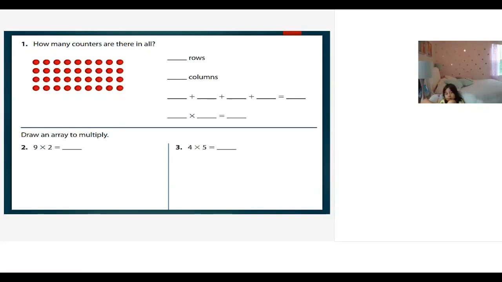Can you tell me this example? How many rows are there? There are 4 rows. Very good. And how many columns are there? Wait. 1, 2, 3, 4, 5, 6, 9 columns. 9.